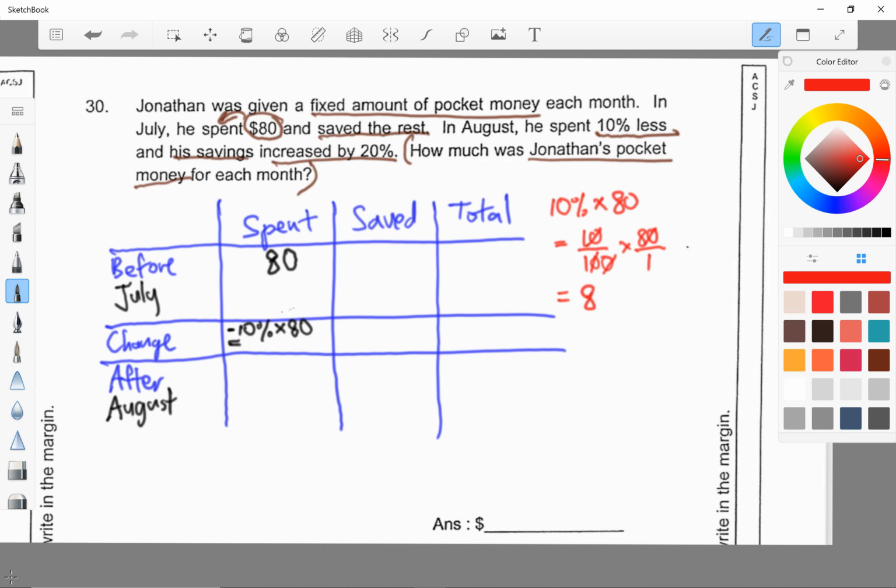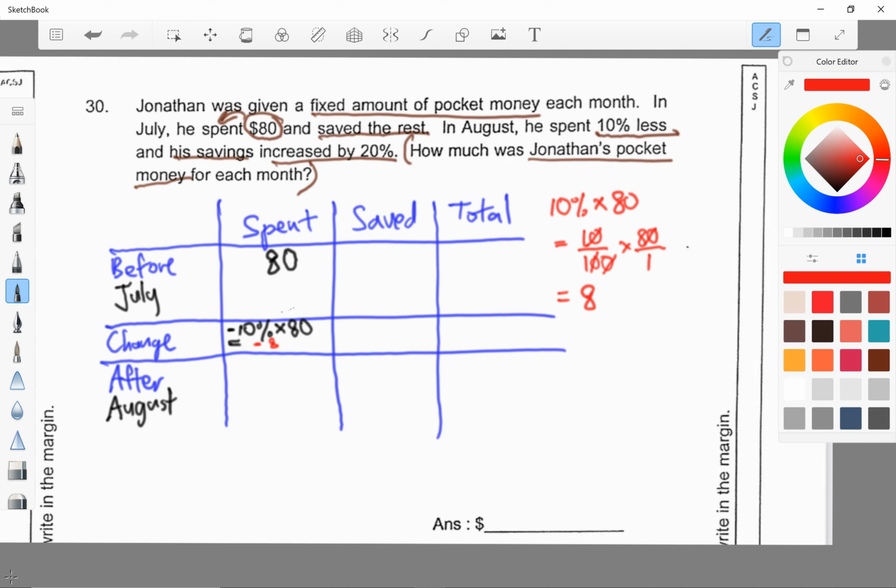Which means that Jonathan actually spent $8 less. So I apologize for the tight space that we have. But what we must know for a question like this is that whatever is not spent must be saved.